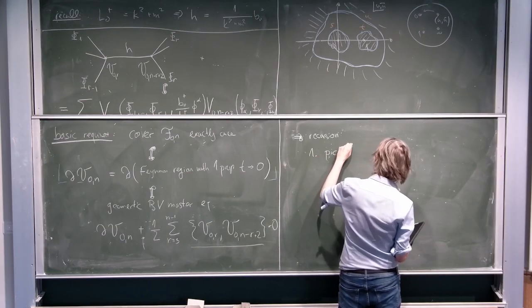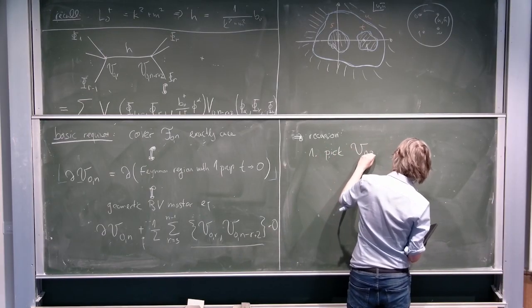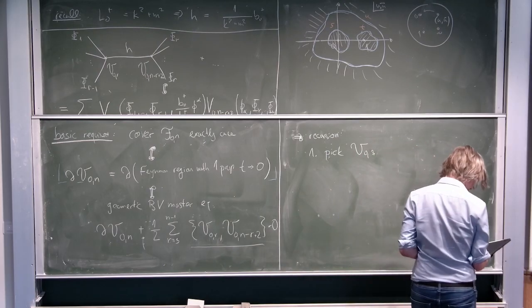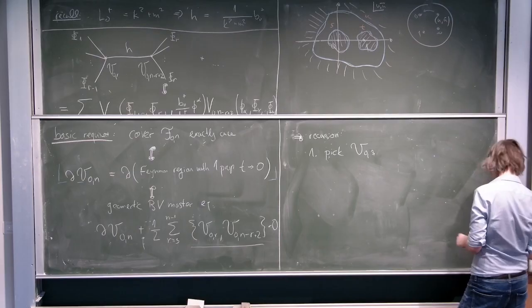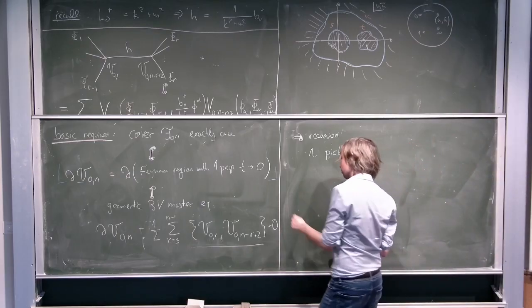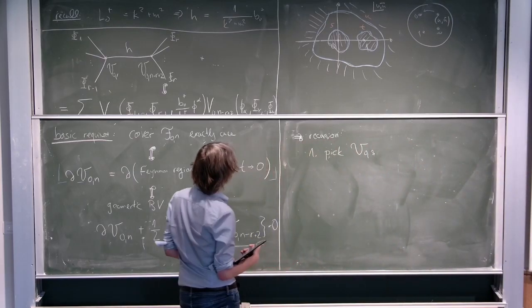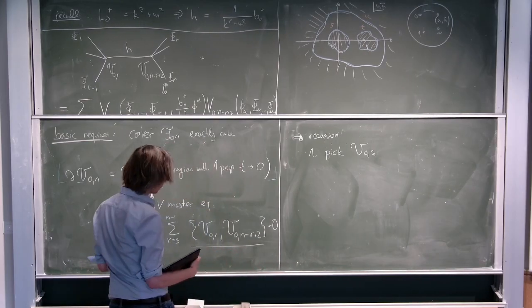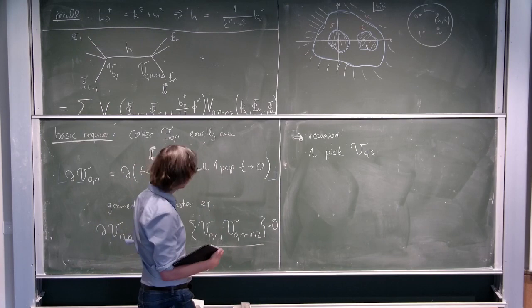So we pick V03. That is just a cubic vertex, right? And that amounts to saying that we just choose suitable local coordinates around each of the three punctures of the three-punctured sphere, so that the vertex is totally symmetric in the states.